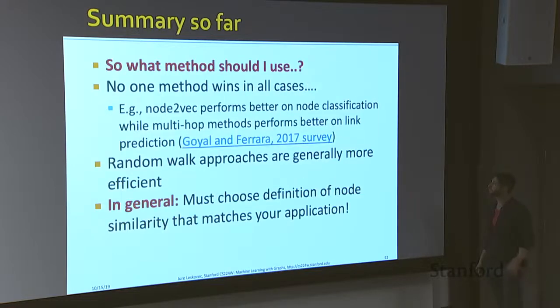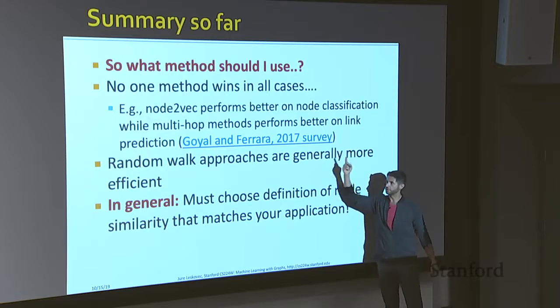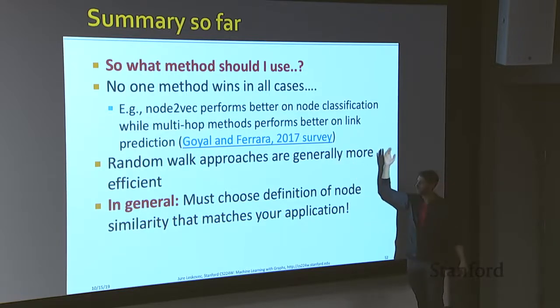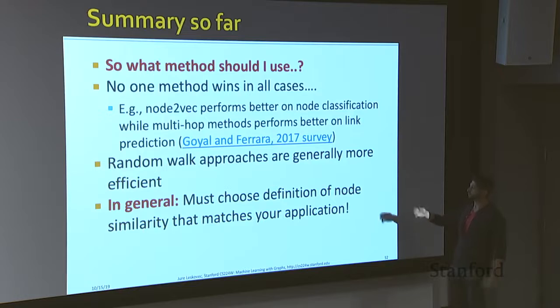In terms of methods, I'm pointing you to this very interesting survey. As I mentioned before, none of these techniques is a silver bullet. None of them works great on every single graph and every single task. For instance, in this survey they found that Node2Vec was great for node classification, but there are better methods for link prediction.